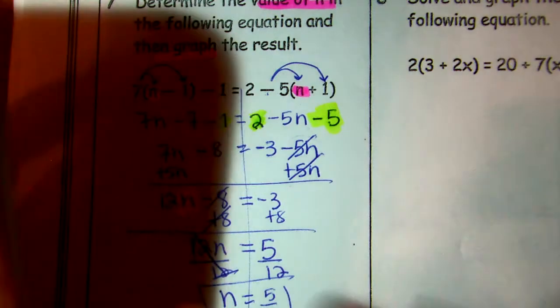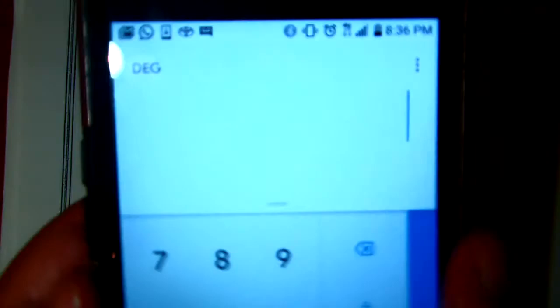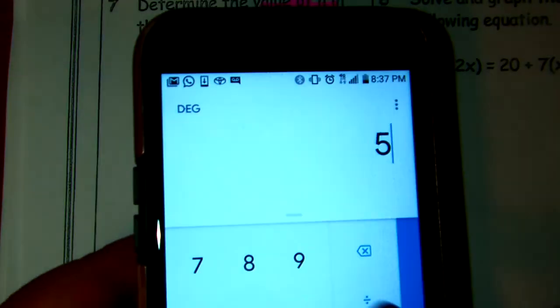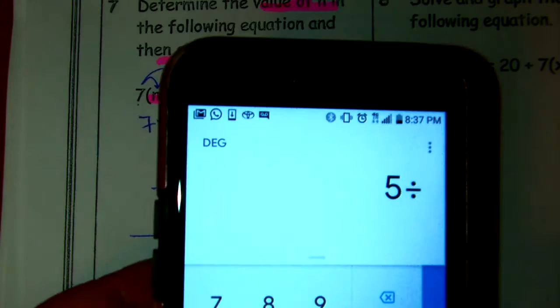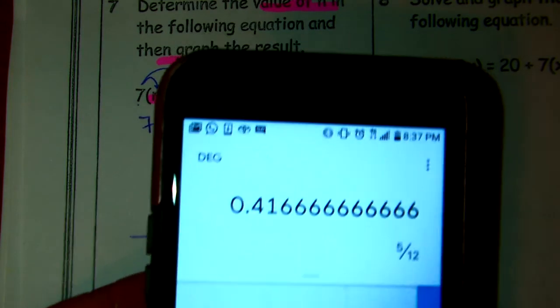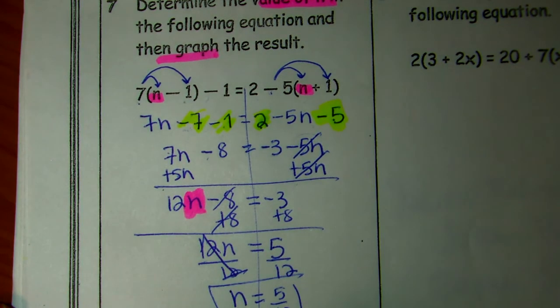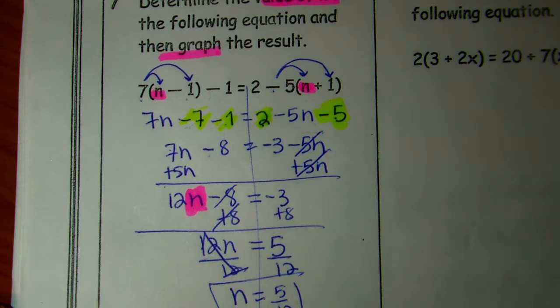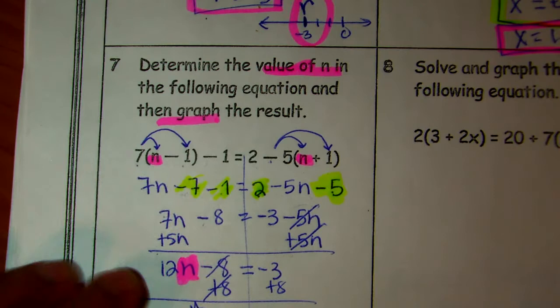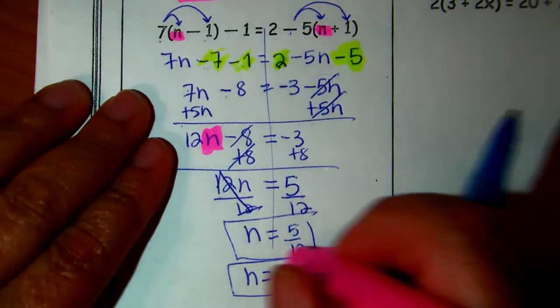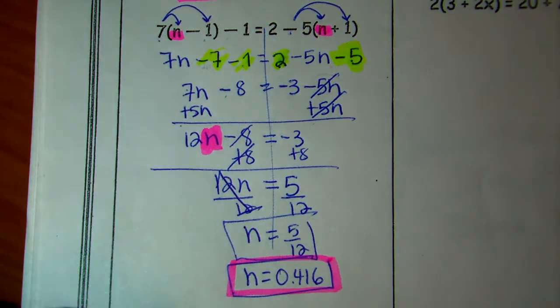Or, if we get the decimal, 5 over 12 is 0.416, and the reason we need the decimal is because we want to graph the result. So n equals this.